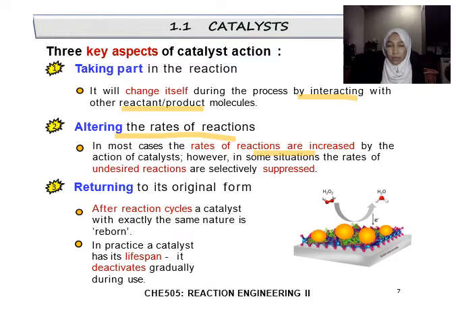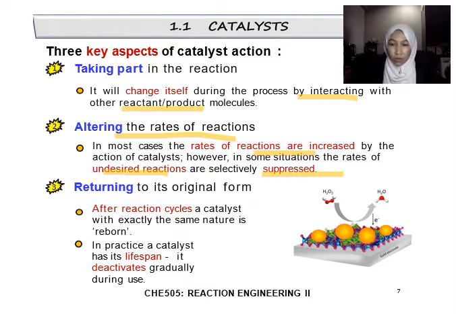In some situations, instead of the main reaction, it would accelerate the undesired reaction. In some situations, the undesired reactions are also suppressed. So it actually depends on the type of catalyst.